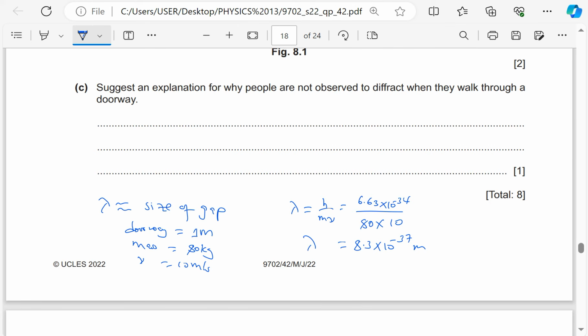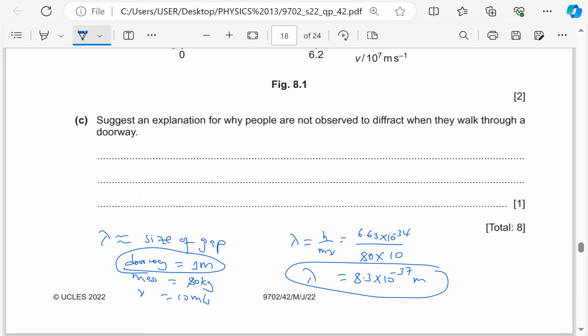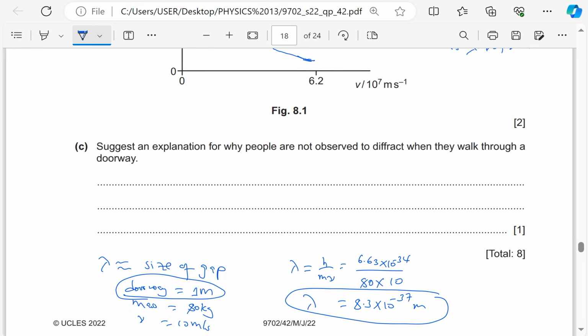That is the de Broglie wavelength. But remember, the size of the doorway is 1 meter, and the de Broglie wavelength is very small. So the de Broglie wavelength of a person is negligible compared to the width of the doorway, so diffraction is not going to be observable. For it to be observable, the wavelength must be approximately the same as the size of the gap.